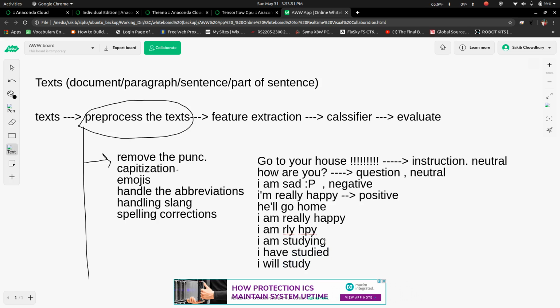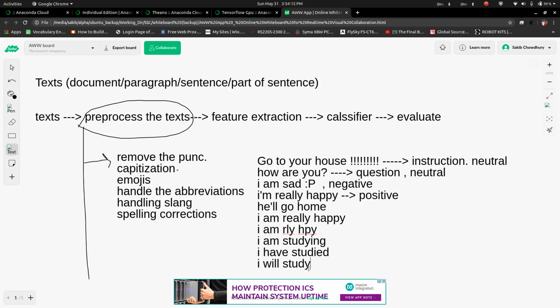If we don't handle this issue, that the same word in different forms has different structures, and we don't make them all look similar, then your machine learning algorithm might mispredict.